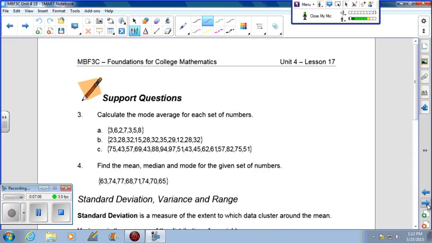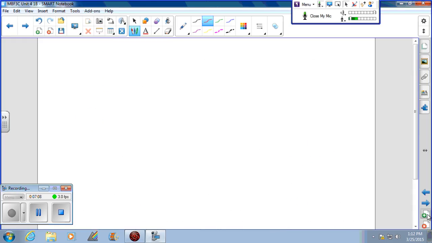So, top of page 9, the median average. Let's take a look at the first one. This is support question 2, page 9. The first one says calculate the median average for each set of numbers.